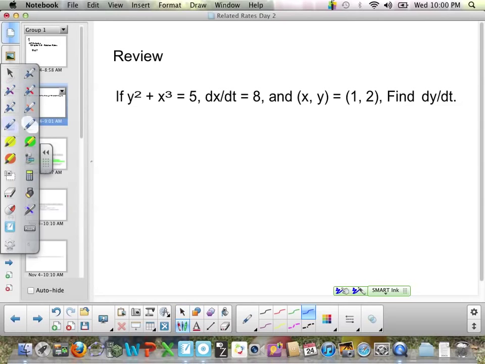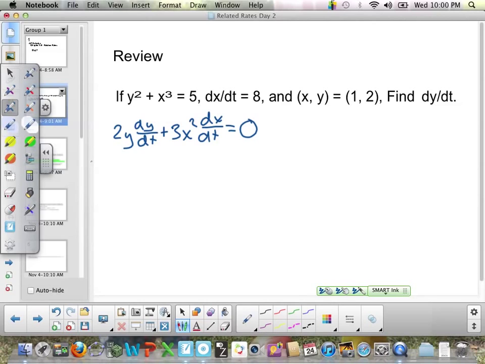We'll start by taking our equation and taking the derivative of it. The derivative of y squared with respect to t is 2y dy dt plus derivative of x cubed with respect to t is 3x squared dx dt. And 5 is a constant which never changes, so that's 0. Plug in what we know.